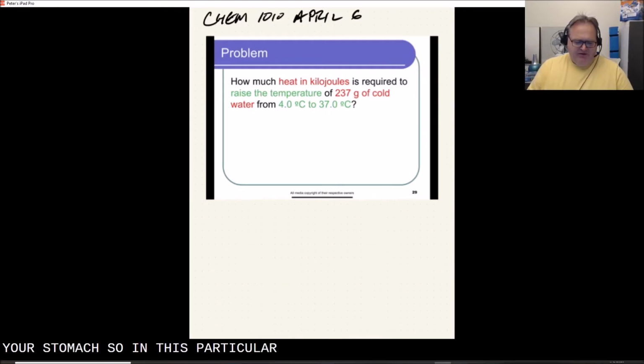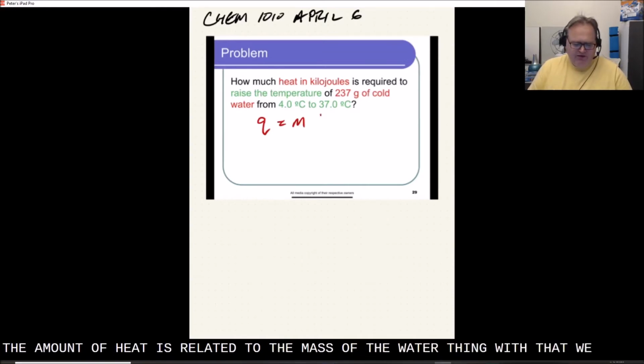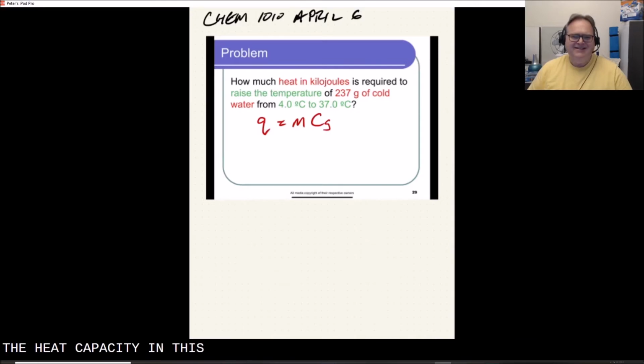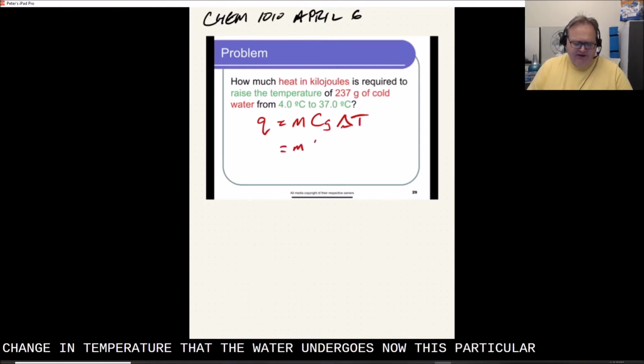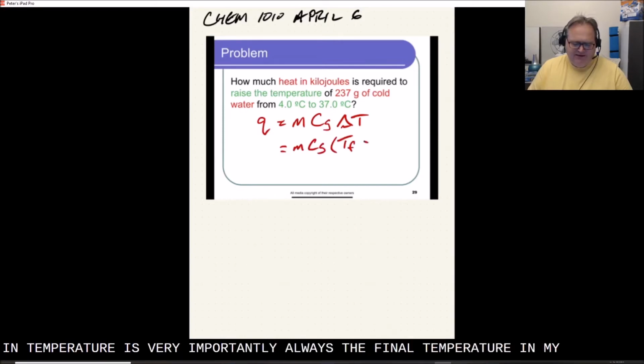So in this particular case, we're going to use the idea that the amount of heat is related to the mass of the water, the thing that we call the heat capacity, in this case the specific heat capacity for water, and then the change in temperature that the water undergoes. Change in temperature is very importantly always the final temperature minus the initial temperature.